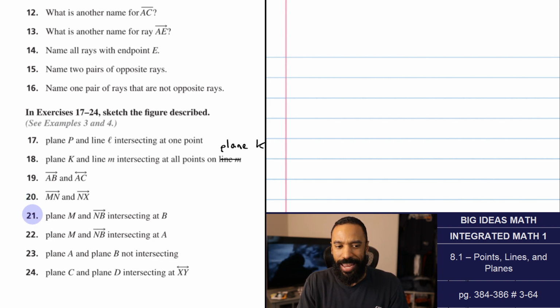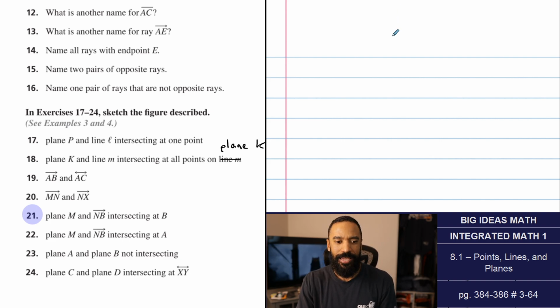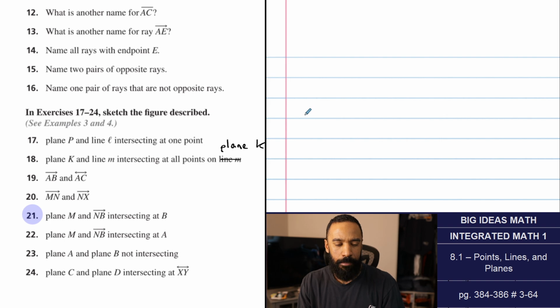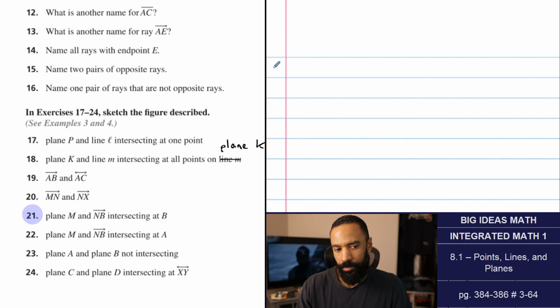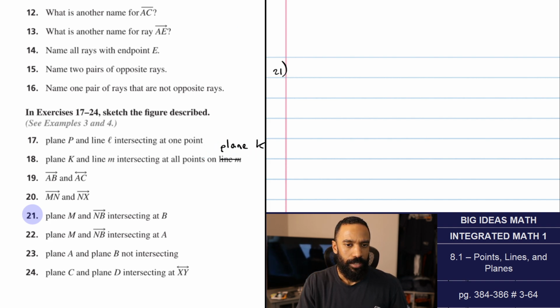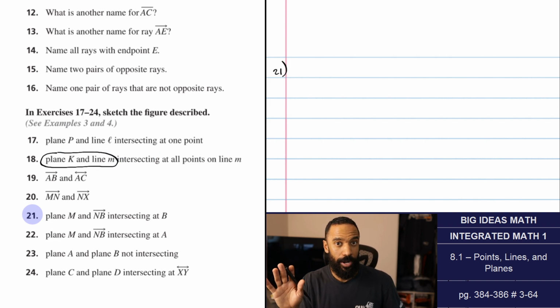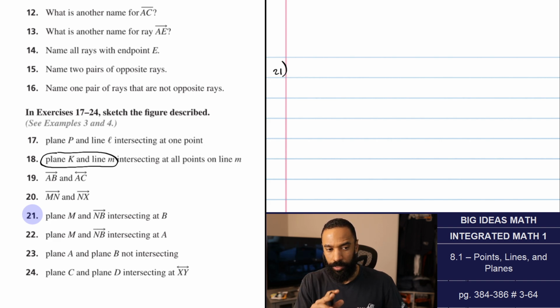Number 21, plane M and NB, ray NB intersecting at B. So I guess the way they're describing that, maybe this other one wasn't a typo. You know what? I'm going to erase that in case I'm looking foolish when I'm saying that. I think what they're saying is these two are intersecting at all points on line M. So I think what I drew was correct on this one, number 18.